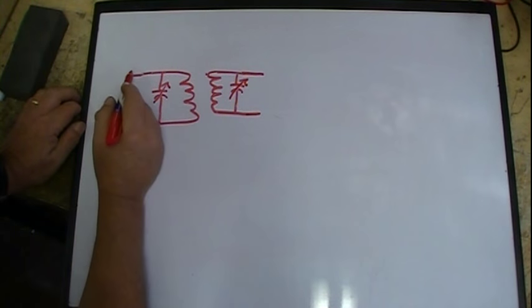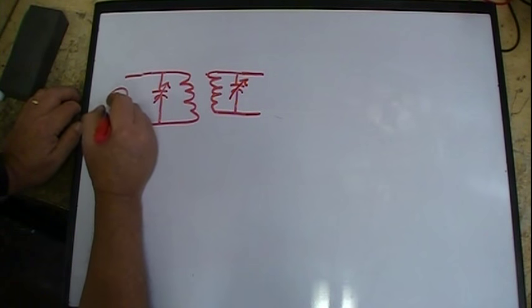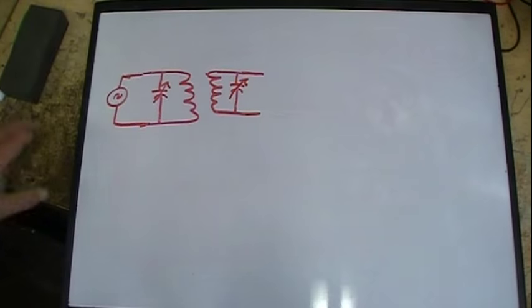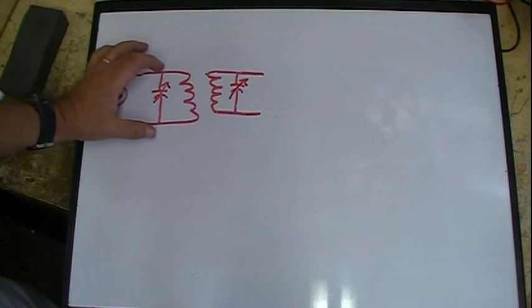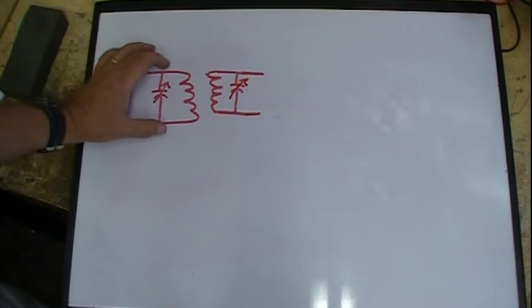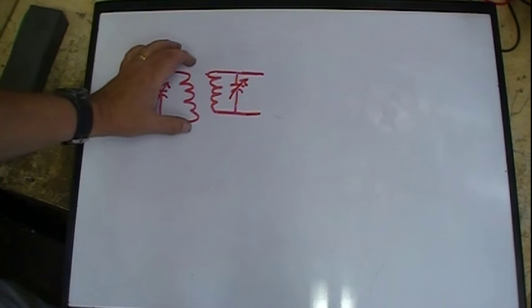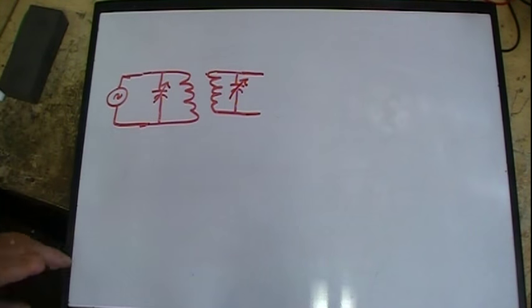Over here, I'm applying the signal. I'm just going to use something like this. That's just basically a symbol showing an AC signal. I'm applying it in parallel, so it's being applied both to the capacitor and the inductor. The voltage is the same on both. So they're in parallel as far as voltage is concerned.